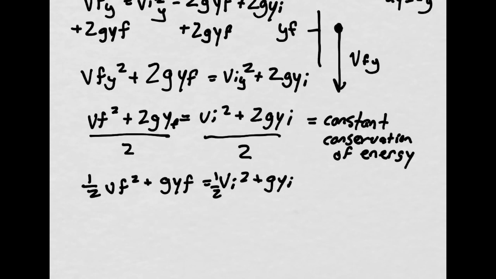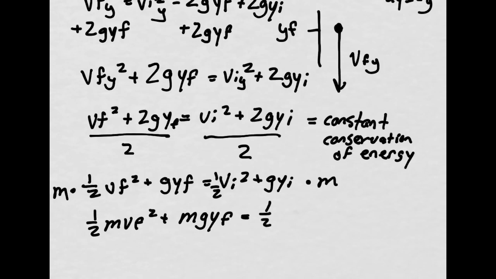So all I did was divide both sides by 2. Now I'm going to multiply both sides by m. So 1/2 mVf squared plus mgyf equals 1/2 mVi squared plus mgyi.